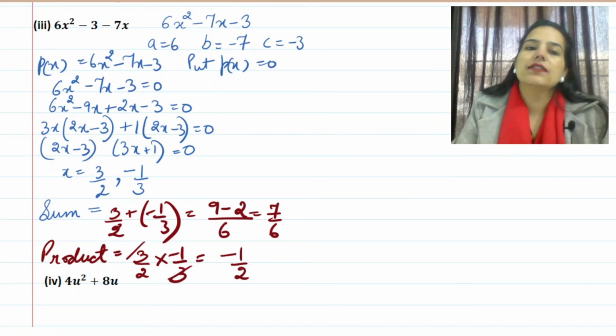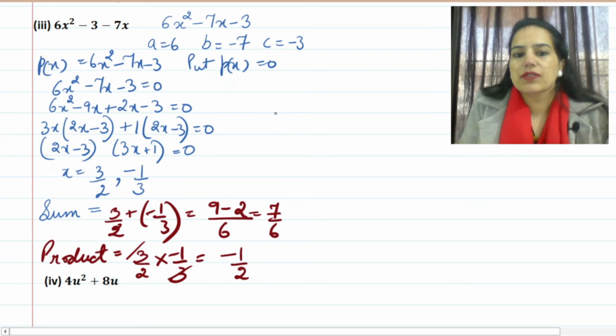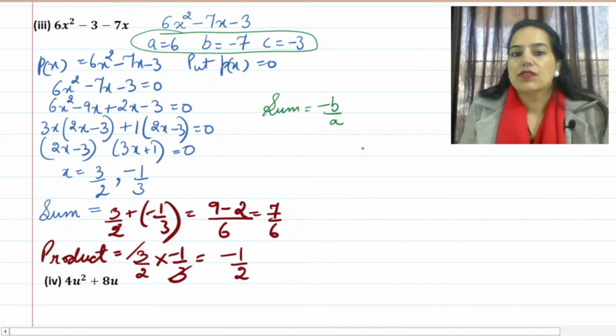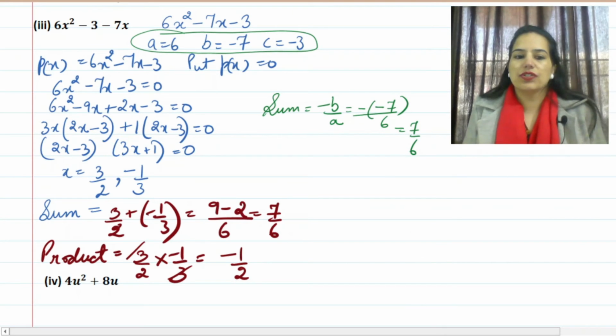Now I will find the same things using the relationship. So sum is equals to minus b by a. So what is b here? Using this here, b is minus 7. So it is minus of minus 7 upon 6, which is equals to 7 by 6, which is what we had found ourselves as well.